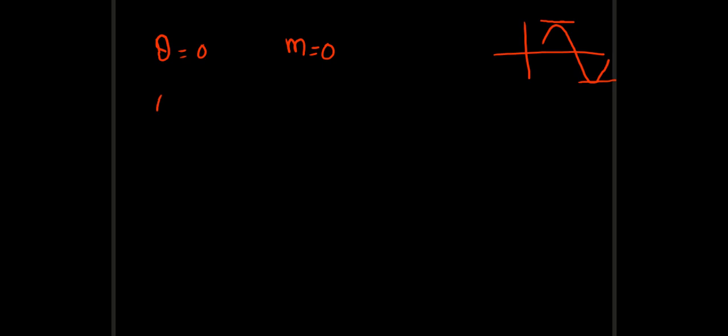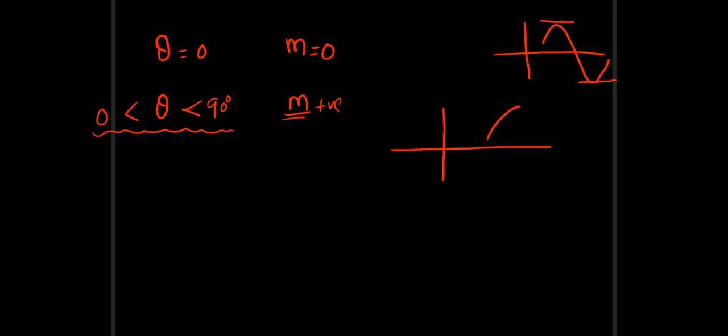Now, if the inclination is less than 90 degrees but more than 0, then slope will be positive, because slope is tan theta, and you can imagine tangent of any number between 0 and 90 will be positive. And that implies if you have an increasing function, then the slope of the tangent at any point will be positive.